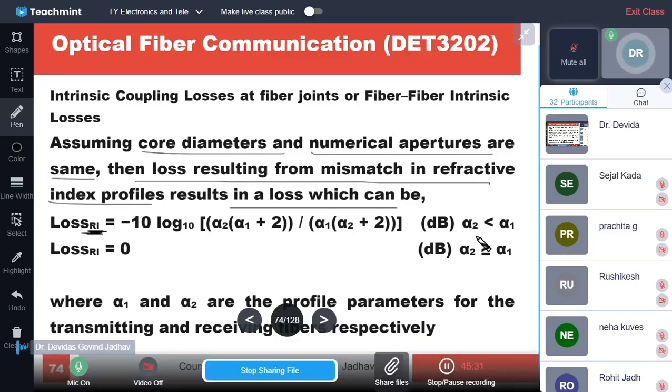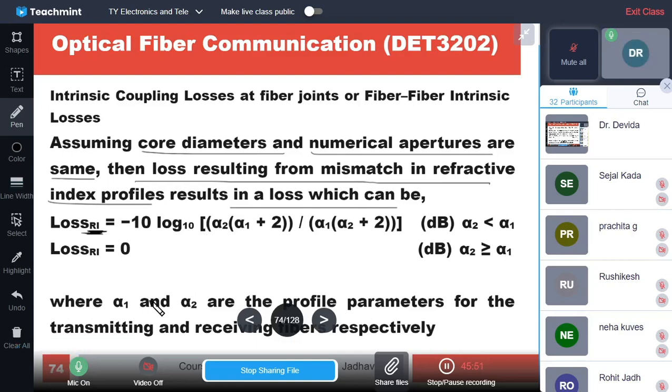Here alpha 2 is less than alpha 1. So the receiving profile parameter is less than the transmitting refractive index profile parameter. And if the receiving refractive index parameter is the same or more than the transmitting one, there will be no loss.